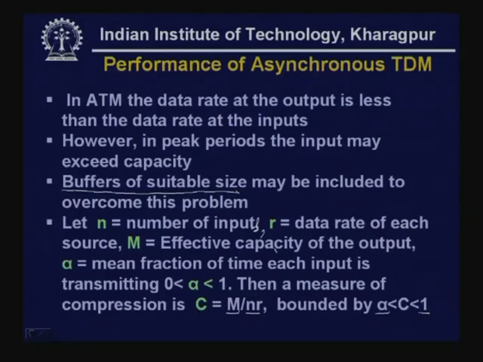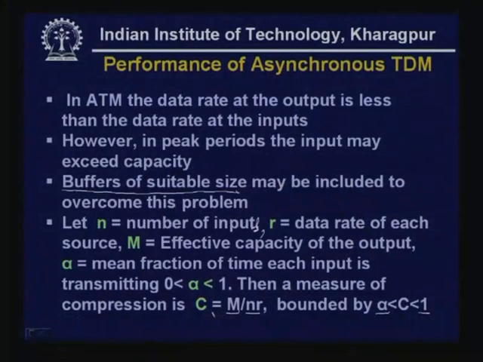So, we can see here this compression that is possible. That means, we can have lesser output bandwidth than the sum of the input bandwidths, and that ratio is C equal to m by nr, and that can be achieved. Based on experiments you can decide what will be the value of m for a particular application.